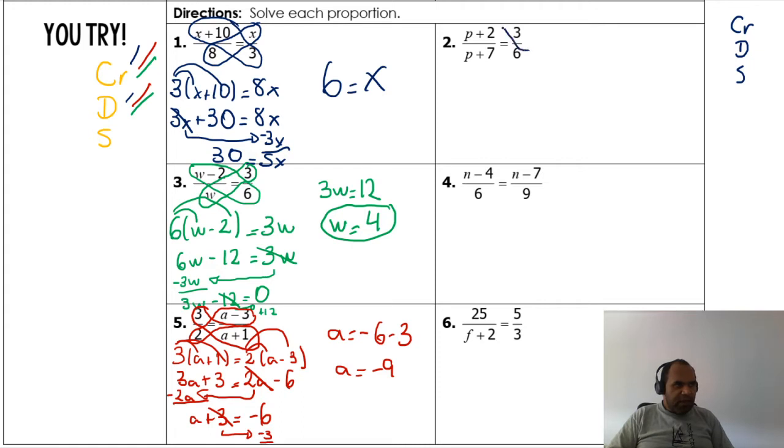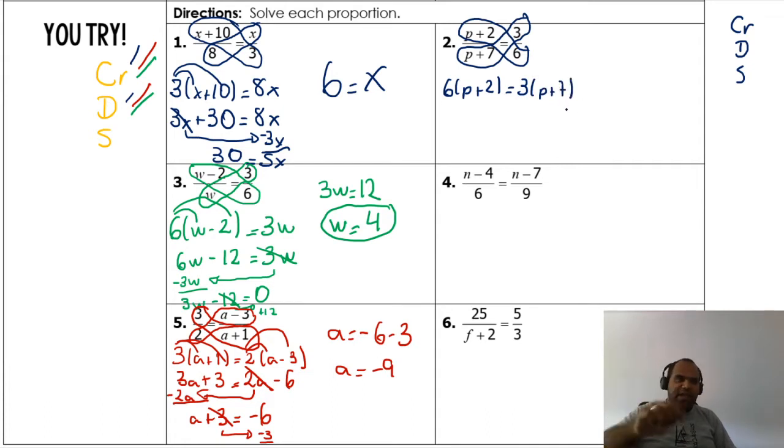Let's cross multiply here. The numerator with those terms, I have two terms here, and this denominator with two terms here too. Great, guys. Just cross multiplied, it is 6p plus 2 equals 3p plus 7.